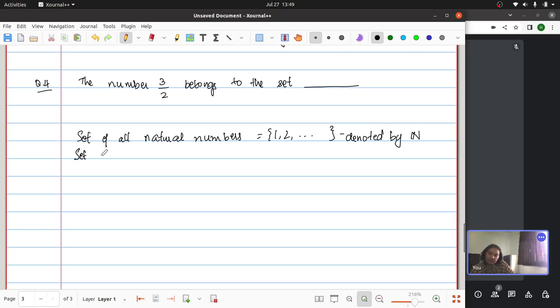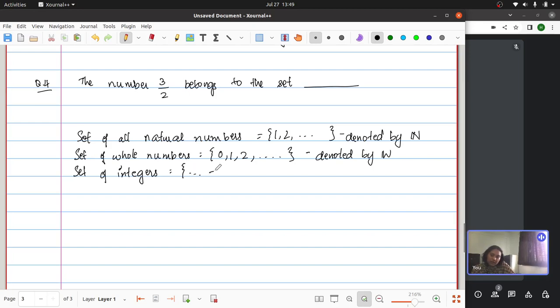Then we have the set of whole numbers, which is the natural numbers, and we have a 0 in addition. It is denoted by W. And we have the set of integers, which has all the negative numbers also.